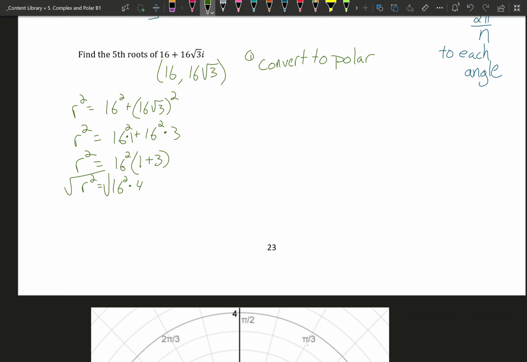So when we square root both sides, r is equal to the square root of 16 squared, which is 16, and then the square root of 4 is 2. R is the product of those, so our R is going to be equal to 32. Then we need to find theta. Theta is the tangent inverse of y divided by x.